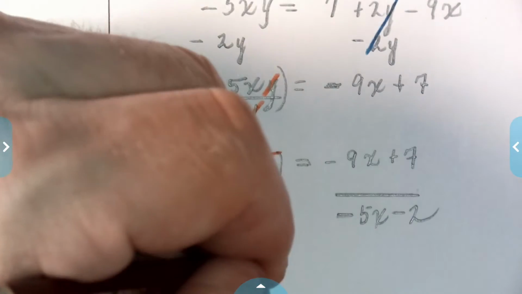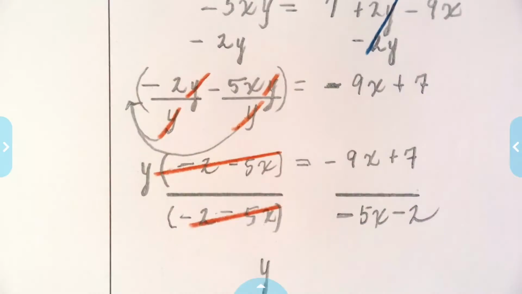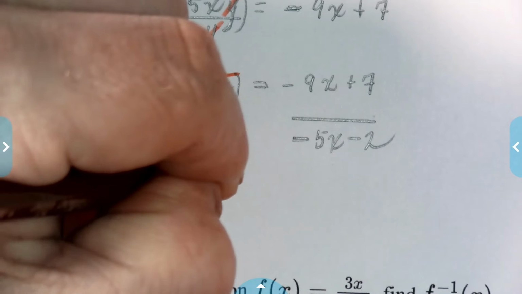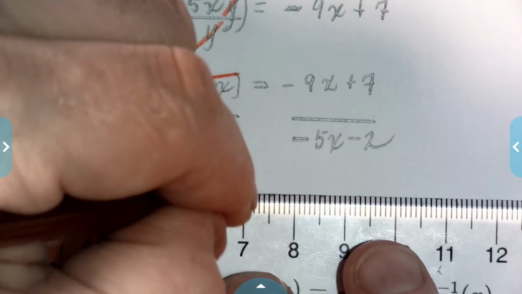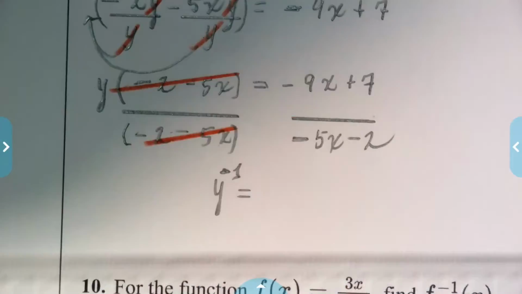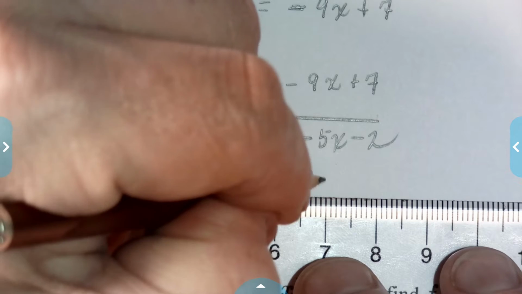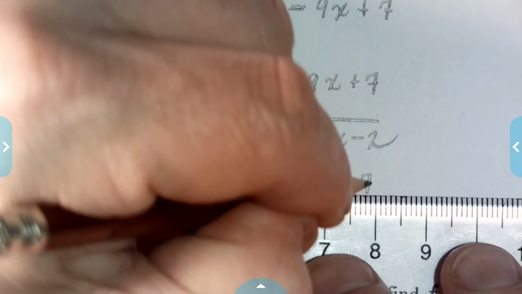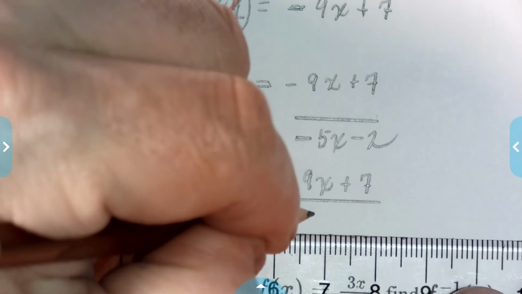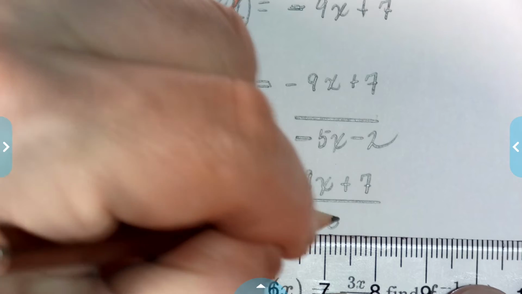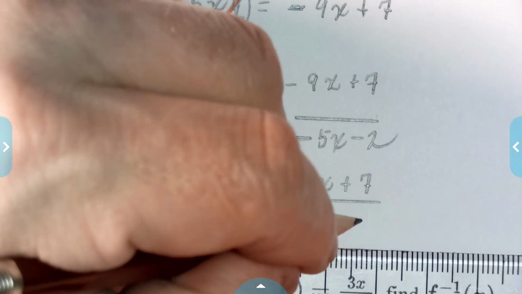Okay, so final answer, y by itself. So this is y, or not final answer, y inverse at this point, we can say, is equal to negative 9x plus 7 over negative 5x minus 2.